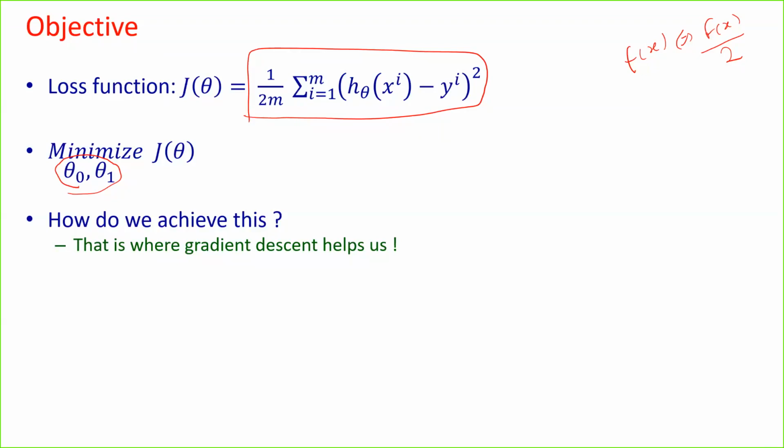Let us take an example to understand this better. Let us take the actual value y, the predicted value h theta of x, and the loss that it adds in each case, h theta of x i minus y i, whole squared. The 1 by 2 is also there, but you can ignore it as it is a constant. Suppose the predicted value is 1 and the actual value is also 1.